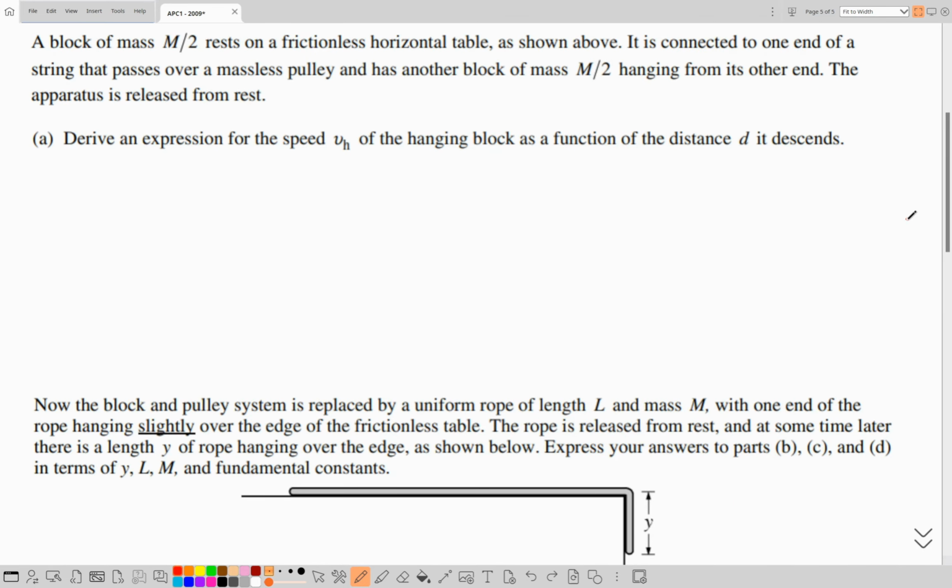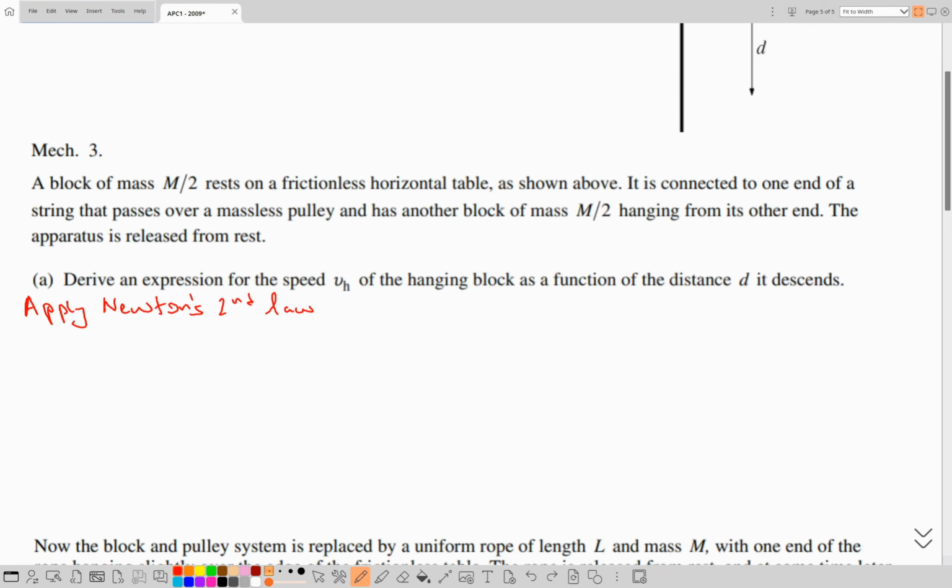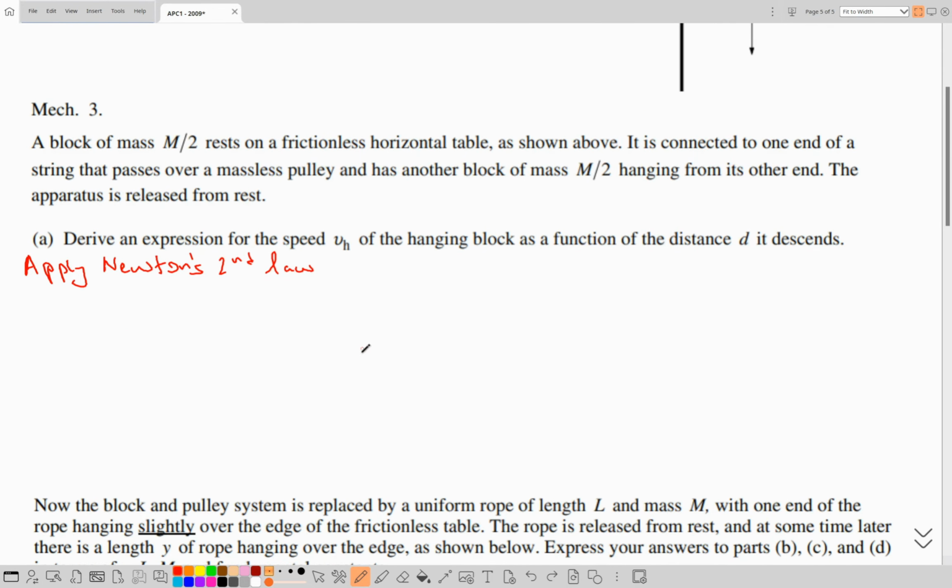So let me start by saying apply Newton's second law. And here it is more important to mention for which body we're applying Newton's second law. Let me start with the hanging block.